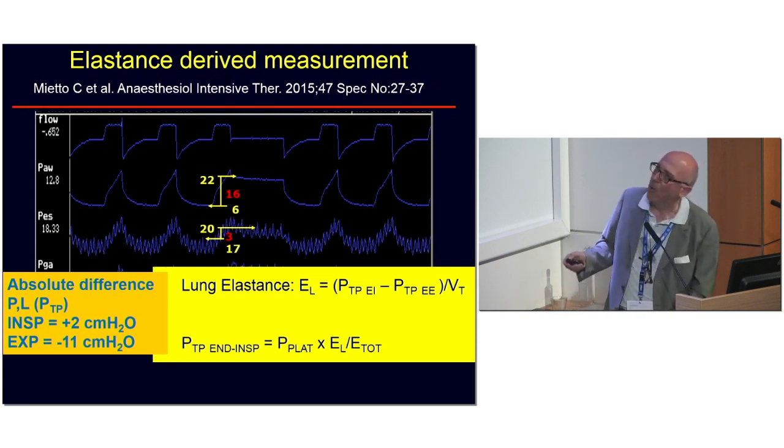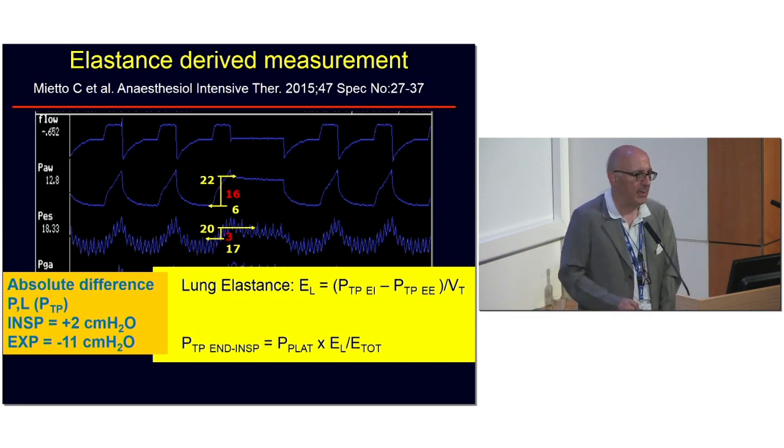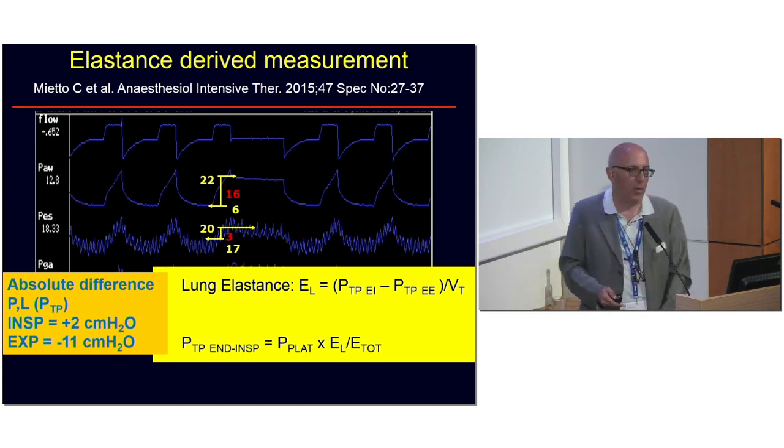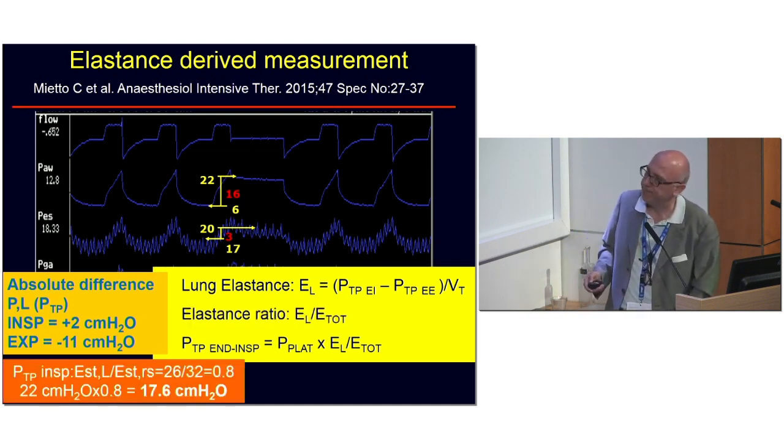Okay? Now, one hypothesis is to estimate the pressure as the plateau pressure, or PEEP, times the elastance of the lung divided by the total elastance. This is in order to estimate a possible transpulmonary pressure corrected for the individual patient.